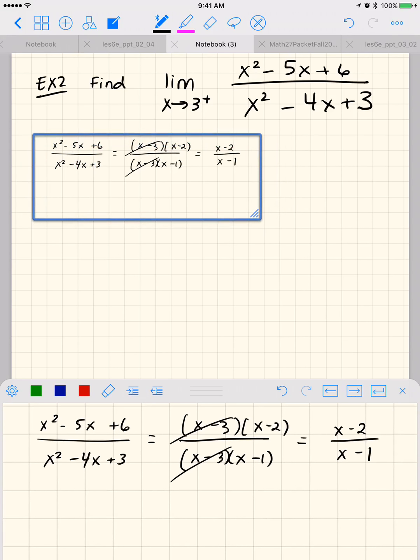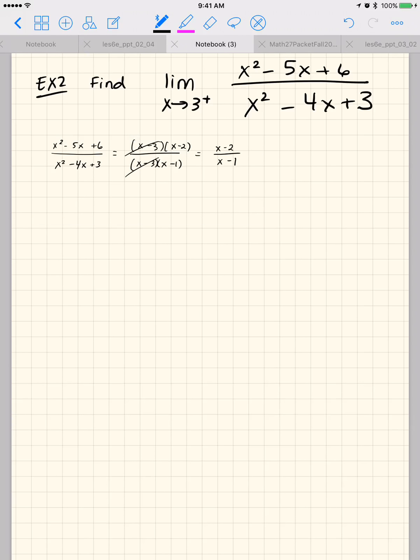So here's what I'm going to say. The limit as x approaches 3 from the right of x squared minus 5x plus 6 over x squared minus 4x plus 3 is the same thing as the limit as x approaches 3 from the right of x minus 2 over x minus 1.